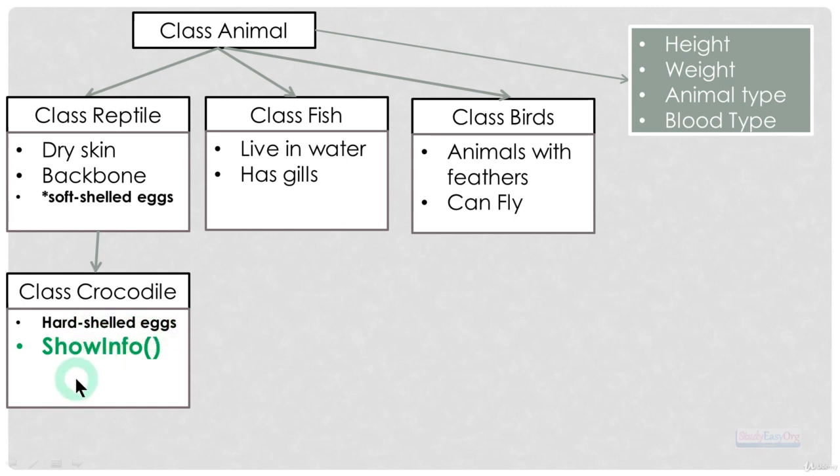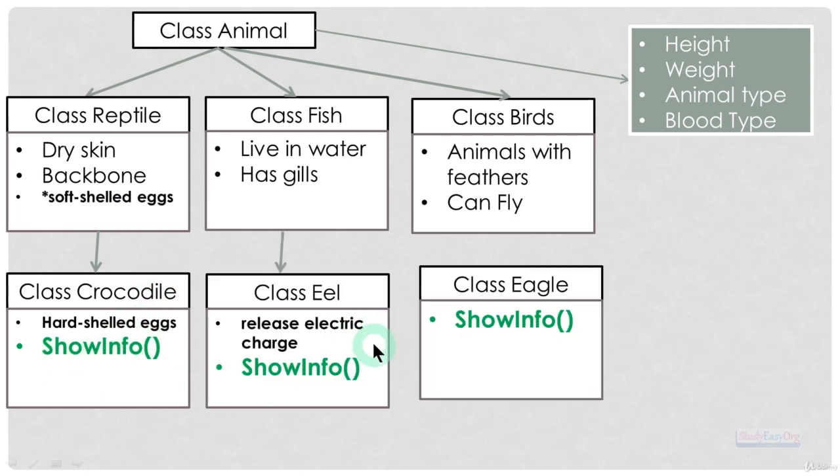We will also have a method by the name of show info, which will give the entire info including height, weight, animal type, blood type, skin type, whether it has a backbone or not, things like that. So every piece of information related to the crocodile will be shown inside our show info method.